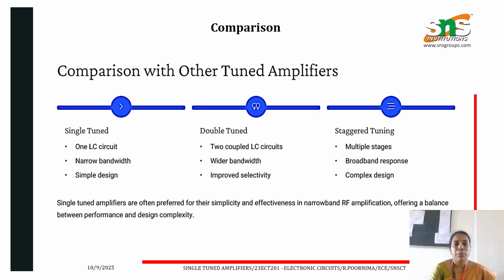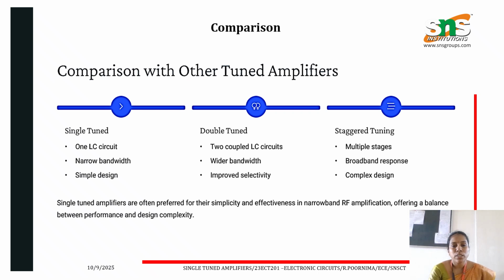Let's see the comparison of the single tuned amplifier with double tuned and staggered tuned amplifiers. The single tuned amplifier uses only one LC circuit, with a narrow bandwidth and simple design. In the case of double tuned amplifiers we use two coupled circuits. In staggered tuned we use multiple circuits.